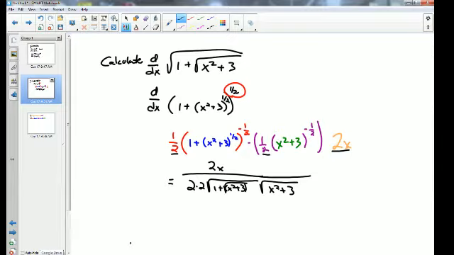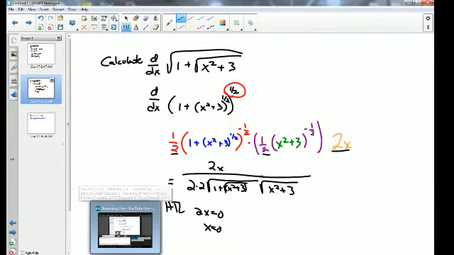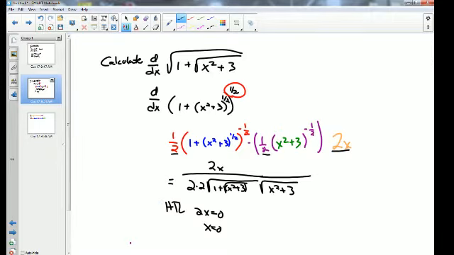Now, where is there a horizontal tangent line? Add that big mess. 2x equals... A horizontal tangent line is when the numerator equals 0. So what does x equal? Out of that, we made a really easy question. Now, where is there a vertical tangent line? That's where the denominator equals 0. Is there a vertical tangent line?